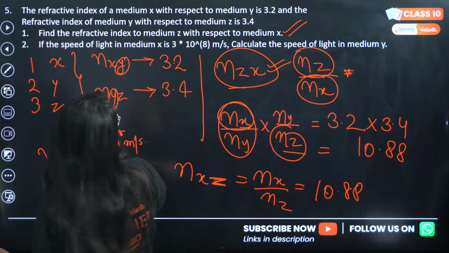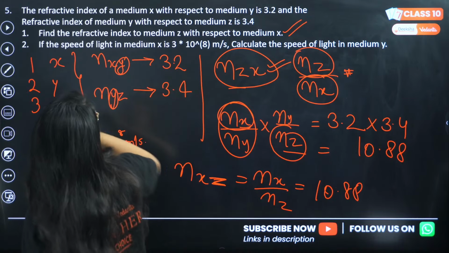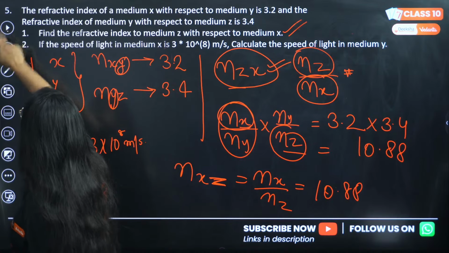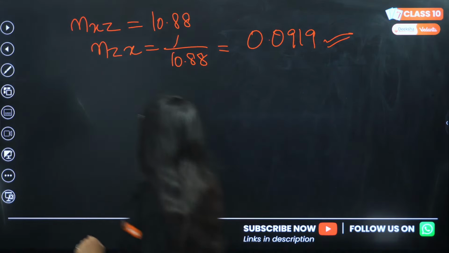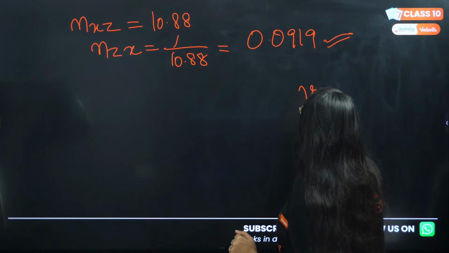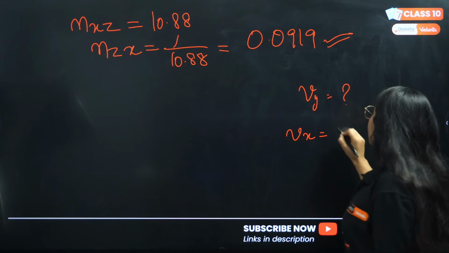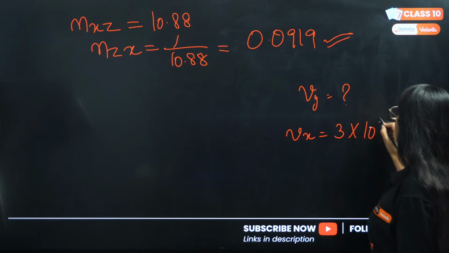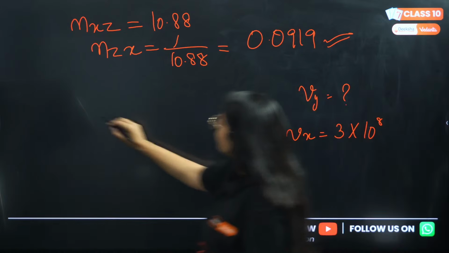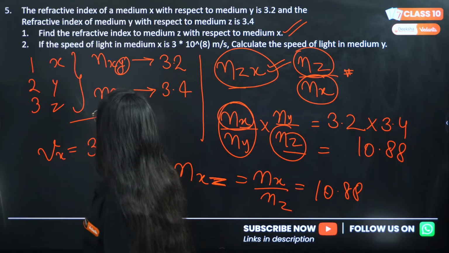Okay, let's see. So, nXY, to calculate the speed of light in medium y, and Vx is given. We can use the formula of nXY.